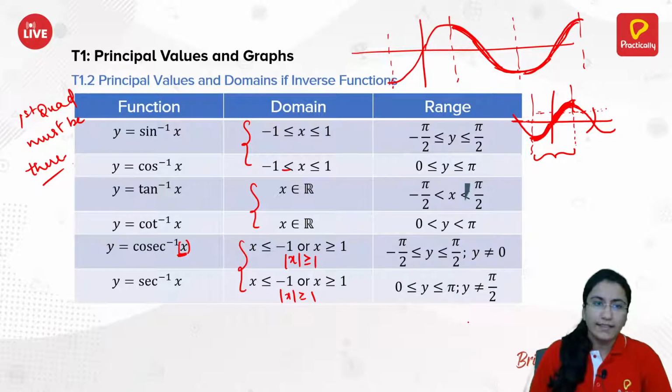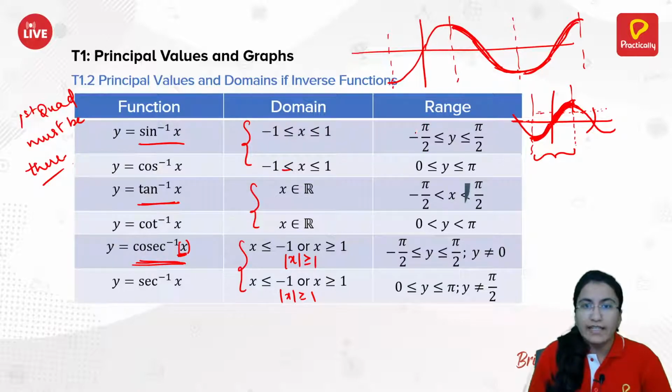You can see that for sine inverse x, tan inverse x and cosecant inverse x, you have your range between -π/2 to +π/2. See, they are similar, and the rest three are similar.